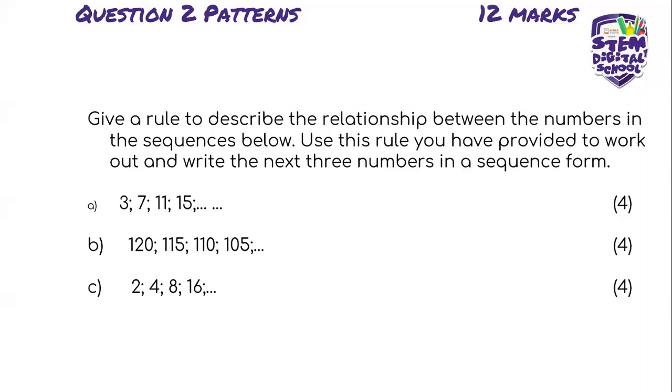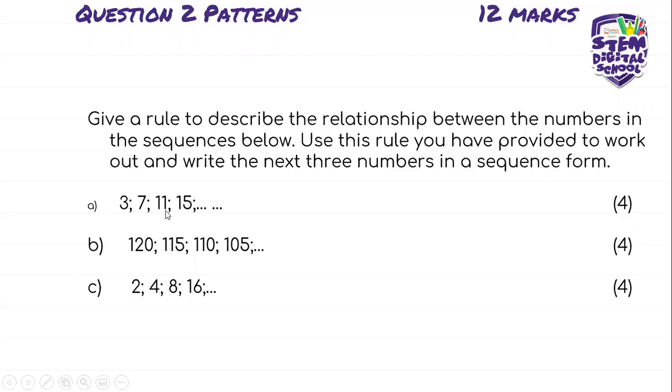Fizana has got 19, 23. We probably did this in some of our revisions when we revised yesterday. The rule here is that you plus 4. Because 3 plus 4 gives you 7, and 7 plus 4 is 11.